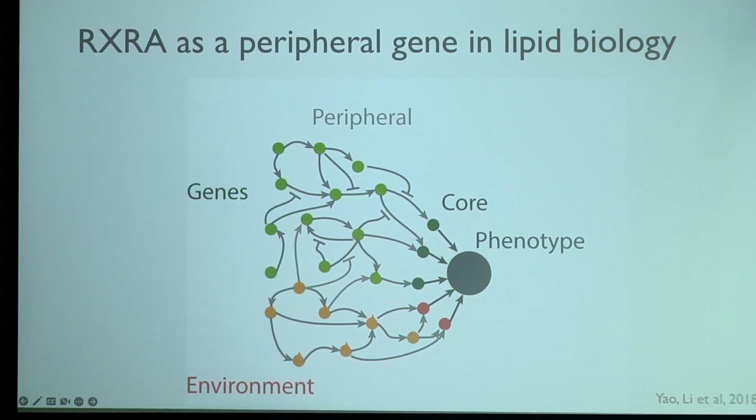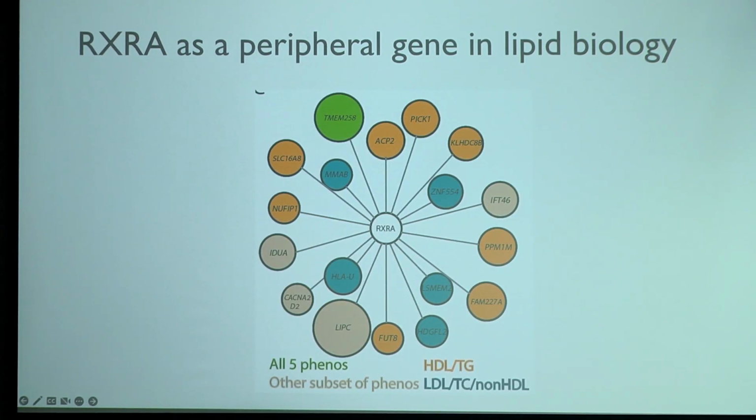So this is what has been called the omnigenic model, and a transcription factor like RXRA is likely one of those peripheral genes that acts on LDL levels by acting on all of these intermediate genes, all of which have also been found in our eQTL colocalization signals.